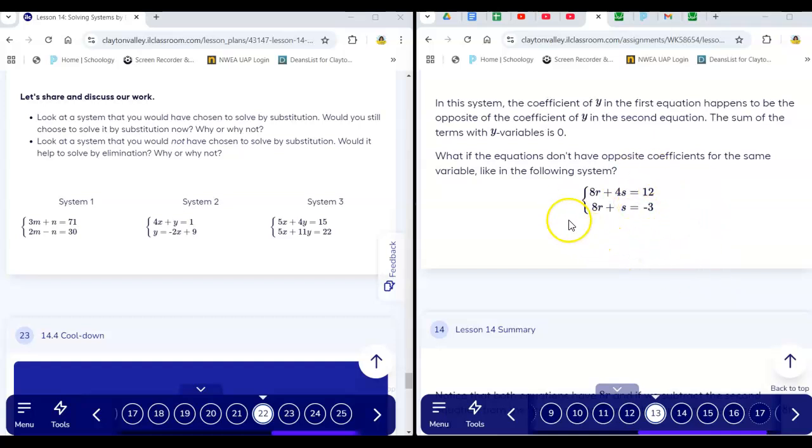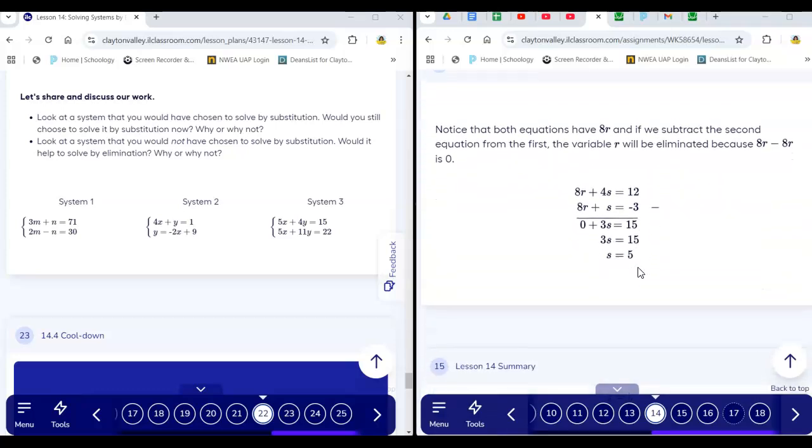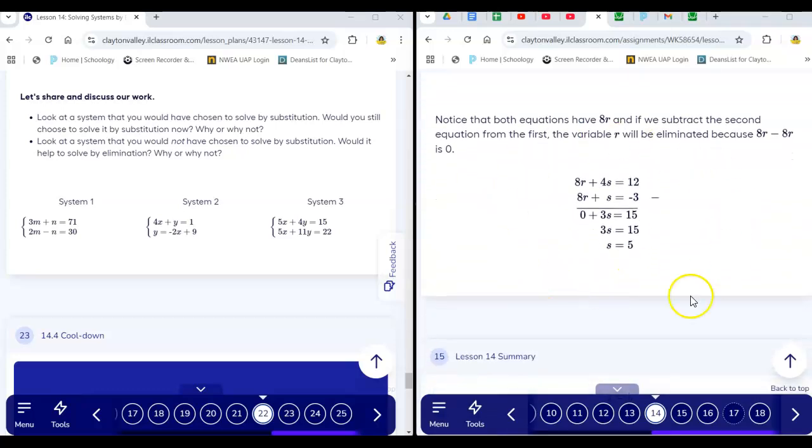What if the equations don't have opposite coefficients? They're stretching this a little bit. They're saying that instead of adding, we subtract. Remember, when you subtract, you have to change the sign of all three of these.